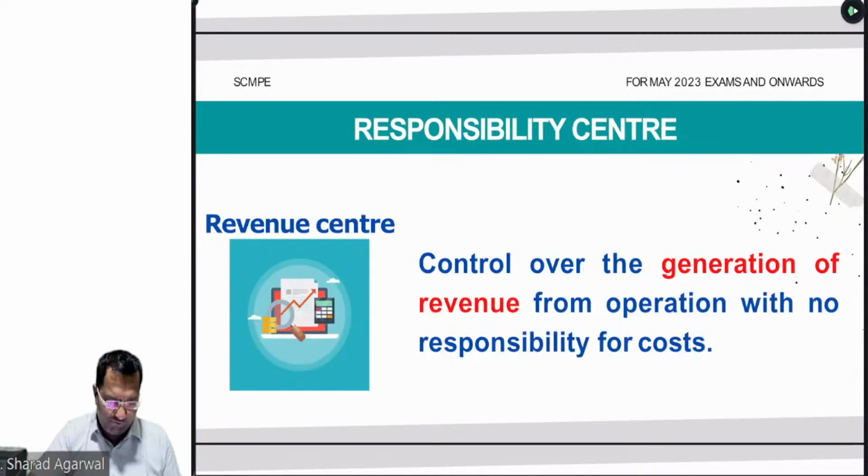Sorry, not profit center, give me a real life example of a revenue center.